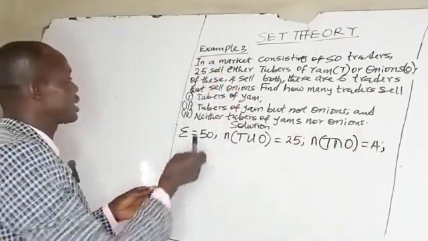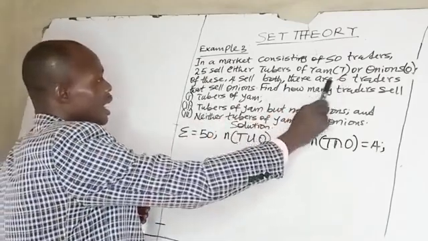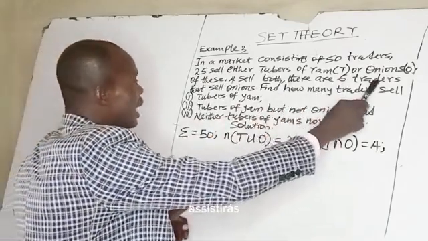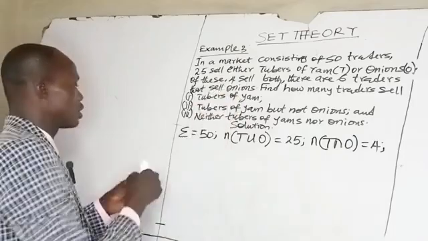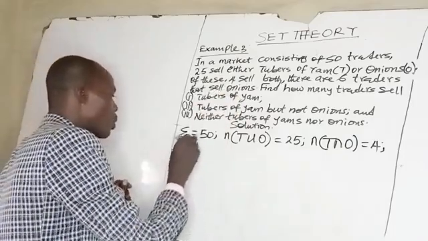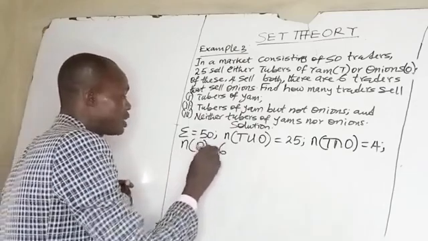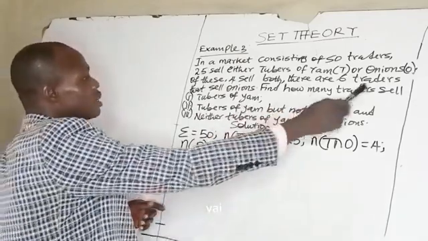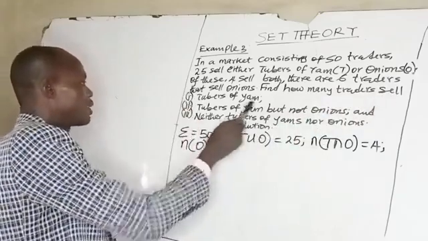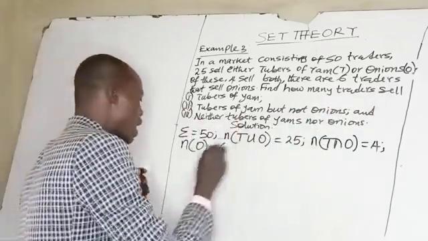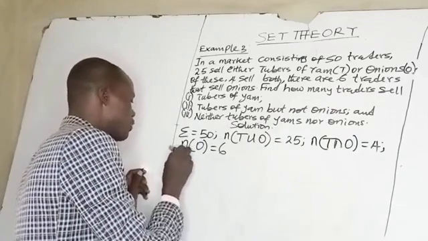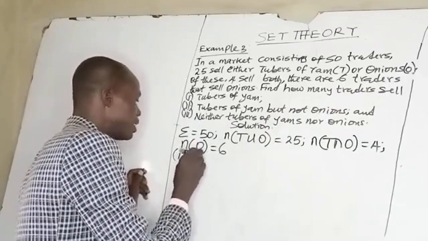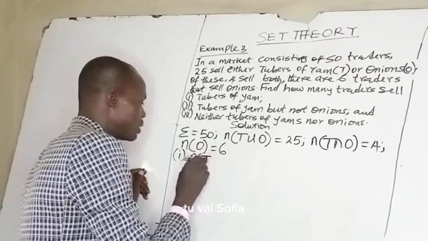And 6 traders, there are 6 traders that sell onions. Number that sells O, that is onion, we have that to be 6. Find how many traders sell tubers of yam. So for requirement 1, you have to find the number that sells T, tubers of yam.